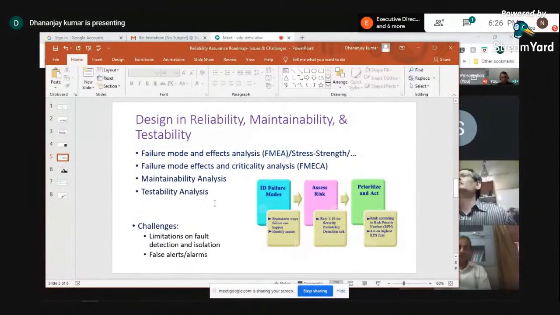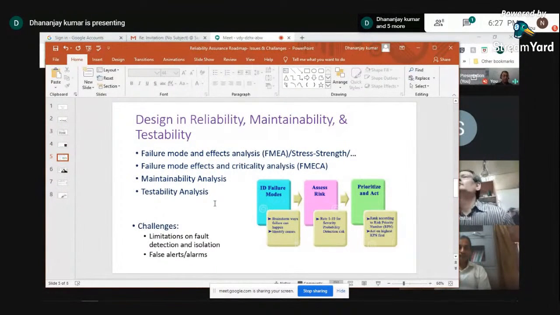So the main challenges in this area, like maintainability or testability, approach-wise, we are very clear. We understand how to do it, but the challenge comes that by design itself, if you don't bring these aspects early in the design, you will not be able to design in fault detection of malfunctioning of any specific circuit or specific component.